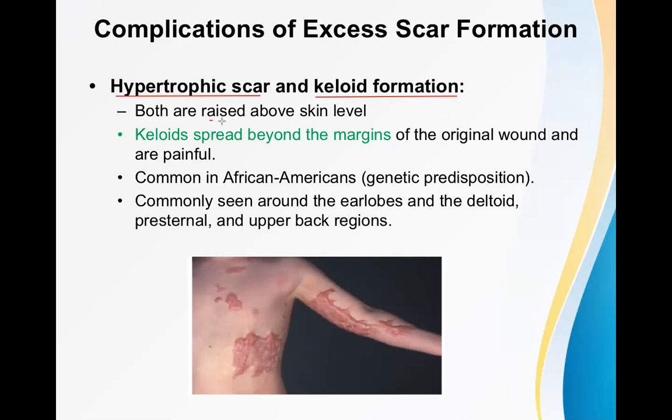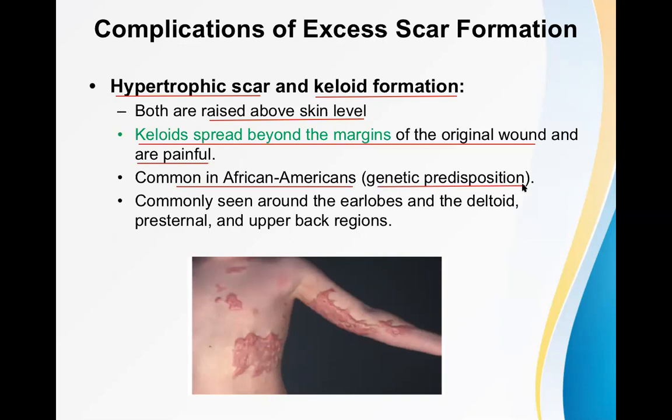So both are raised above the skin level, no doubt about it. And keloids spread beyond the margin of the original wound and are a relatively painful condition. Keloid is common in the African American population, and that is determined by genetic predisposition.